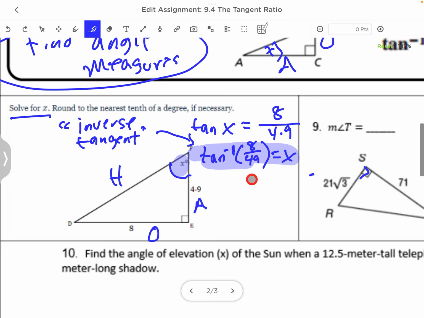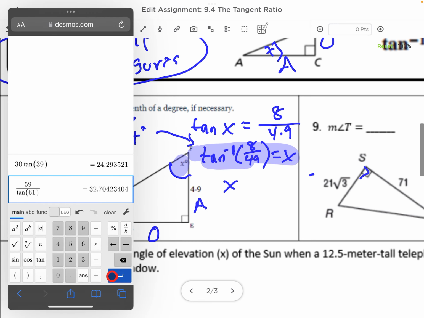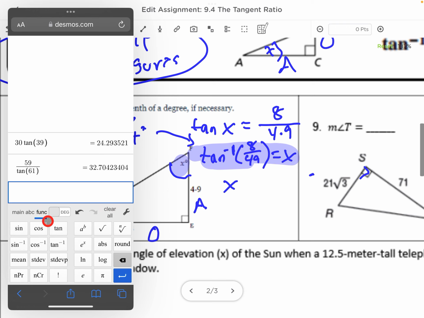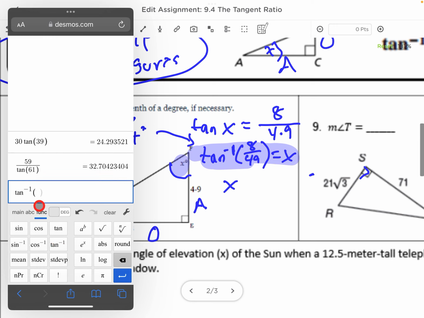So now I'm just going to type this into my calculator. Alright, so let's go ahead and take our calculator. We're going to push that inverse function button. Now we see inverse tangent. I'm going to type that, just like we had over here, 8.